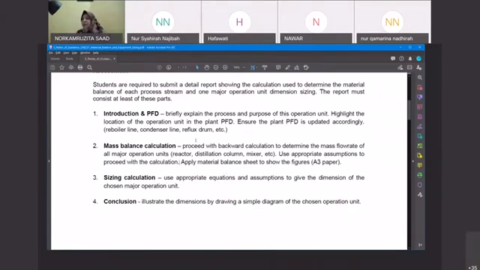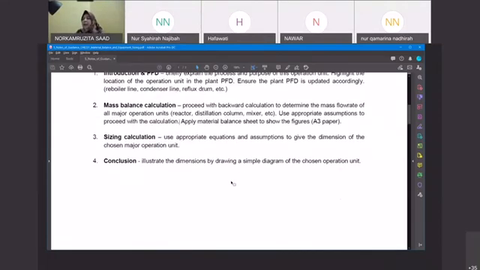Okay. Alright. Then sizing calculation, use appropriate equation and assumption to give the dimension of the chosen major operation unit. So I allow you, saya allow okay. You boleh guna method yang kita belajar dekat semester 4 dulu, dalam separation process.